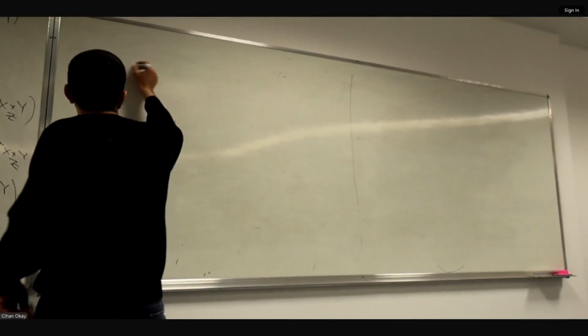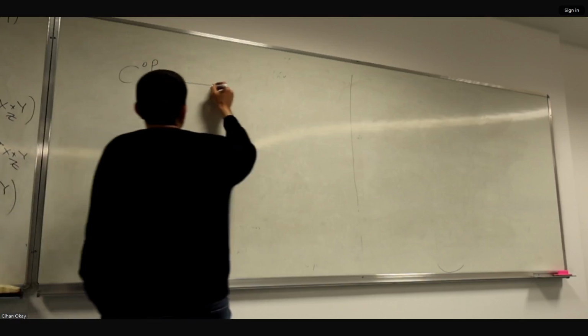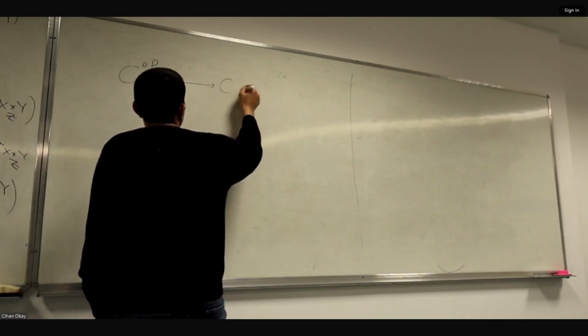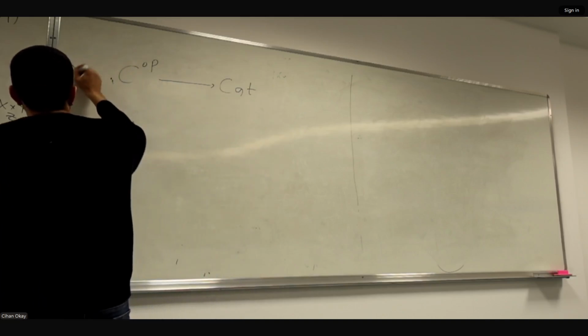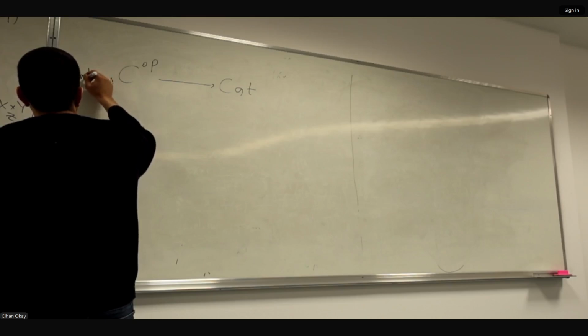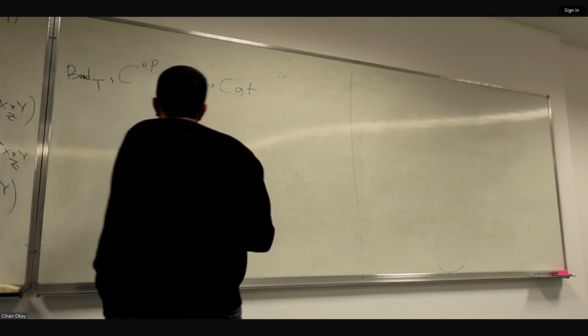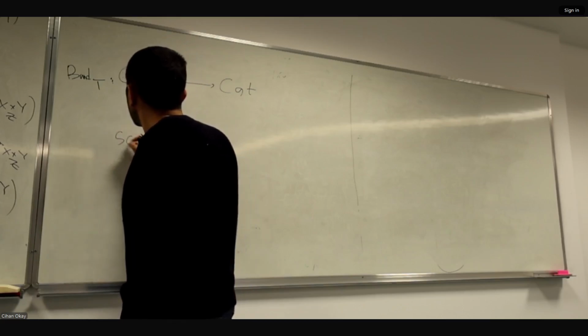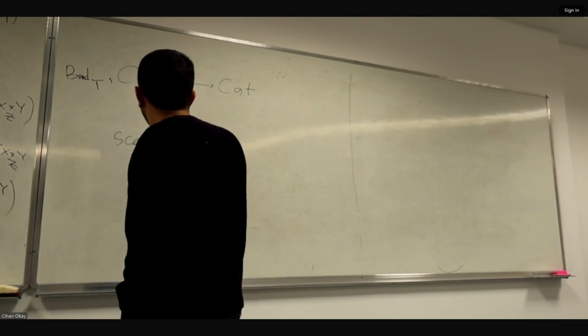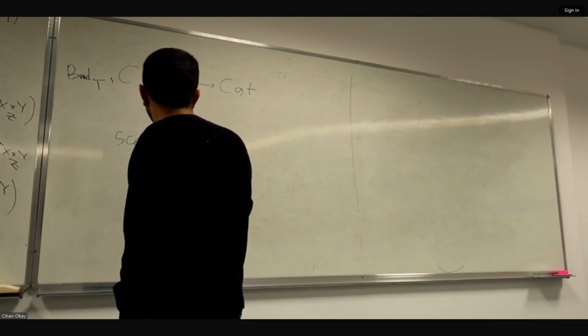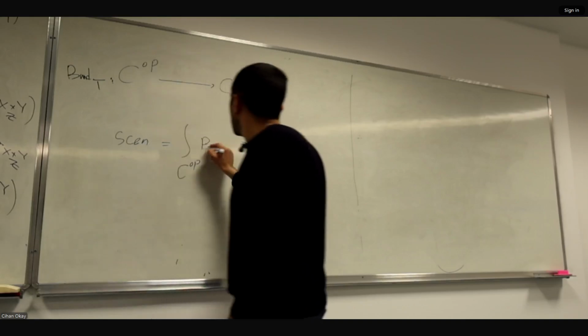Okay, so we have this functor between two categories, the bundle T. And now in order to get scenarios, we will apply the Grothendieck construction on this functor.